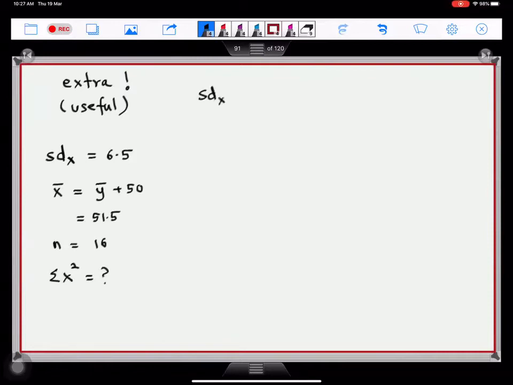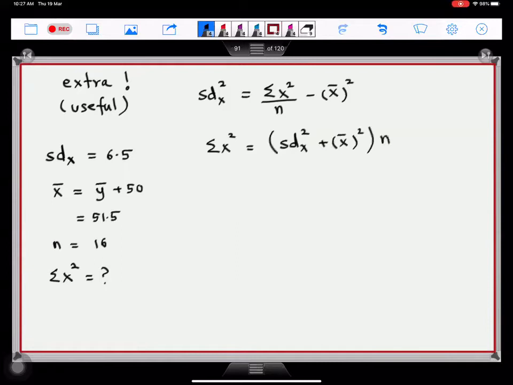Standard deviation squared is equal to sigma x square over n minus x bar square. I can this time first make sigma x square the subject. Sigma x square is (SD square plus x bar square), bracket closed, multiplied by n. Therefore, this is (6.5 square plus x bar square.